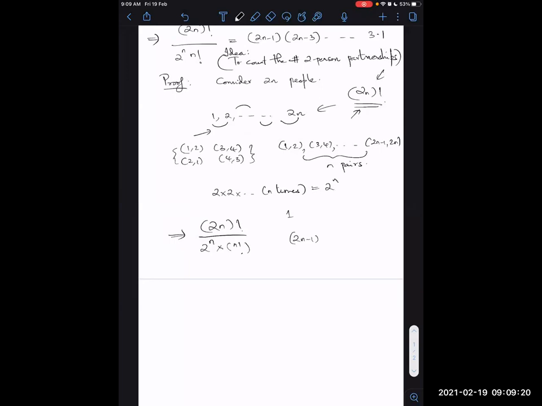And you have how many people left? You have 2n minus 2 people left. And you pick the first person out of it. And the first person has 2n minus 3 choices to make. And so on. So this would just become the RHS.